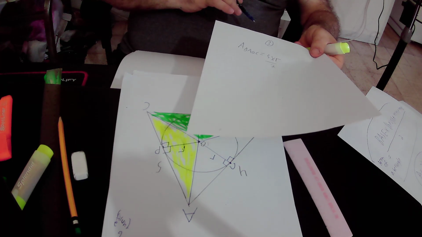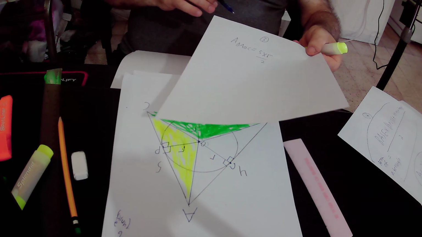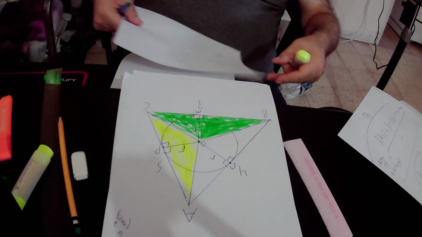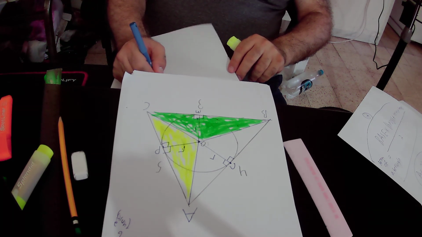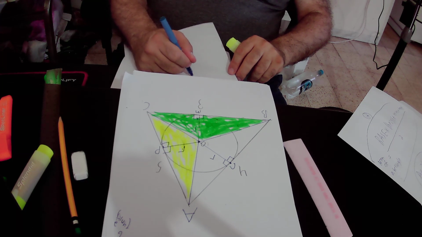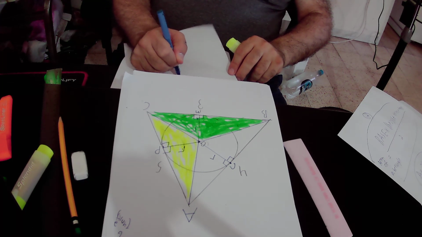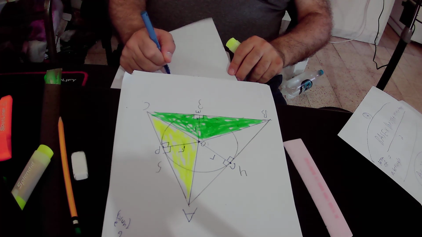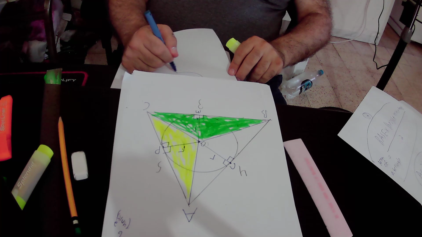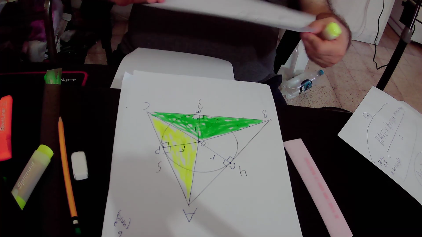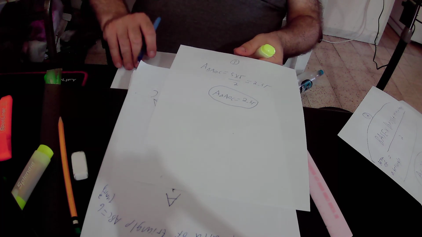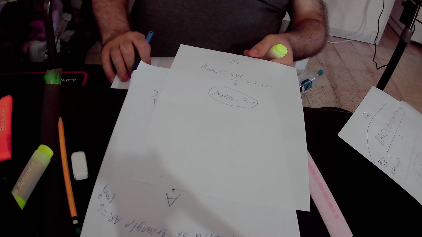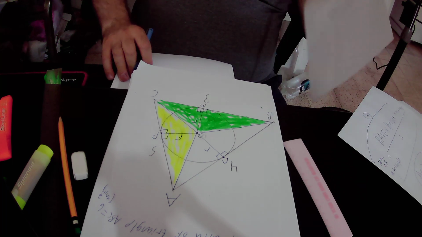So 5 divided by 2 equals 2.5, so the area of triangle AOC equals 2.5 r. Okay, the area of the yellow triangle AOC equals 2.5 r. R is the radius of the circle.